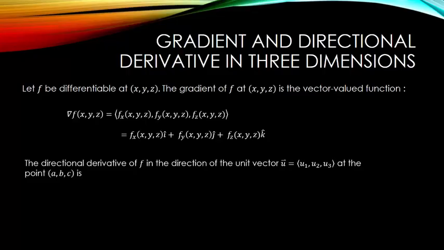The directional derivative of f in the direction of the unit vector u specified by components u sub 1, u sub 2, and u sub 3 at the point (a, b, c) can be written as D_u of f of (a, b, c) equals the gradient of f evaluated at (a, b, c) dotted with the unit vector u.